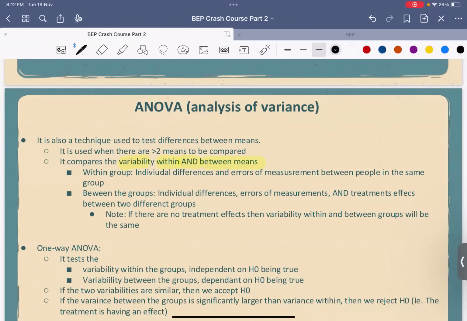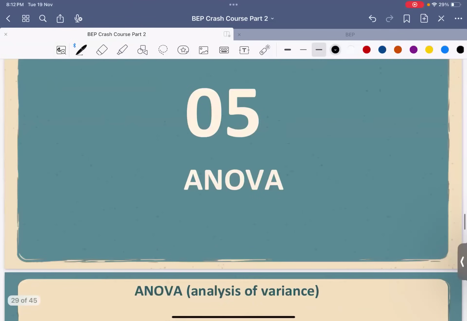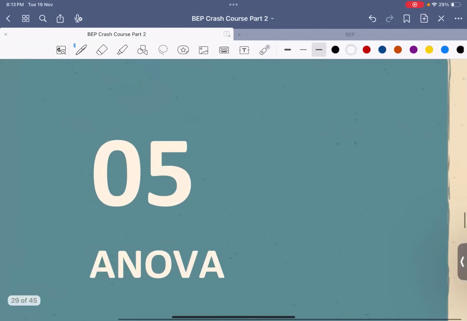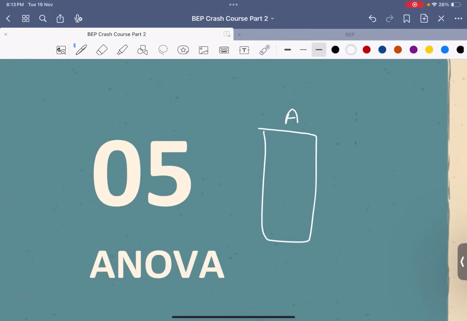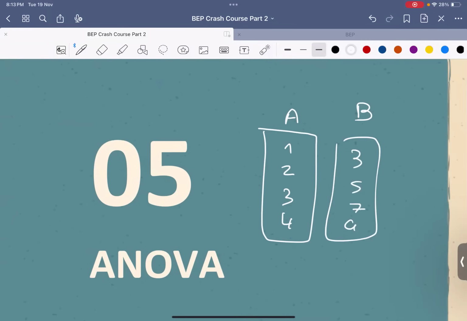Let's take an example just to make life a bit easier. We have group A, for example, and their values are 1, 2, 3, 4. We have group B, and their values are 3, 5, 7, 8, 9. We have group C, and their values are, let's say, 2, 4, 6, 8.